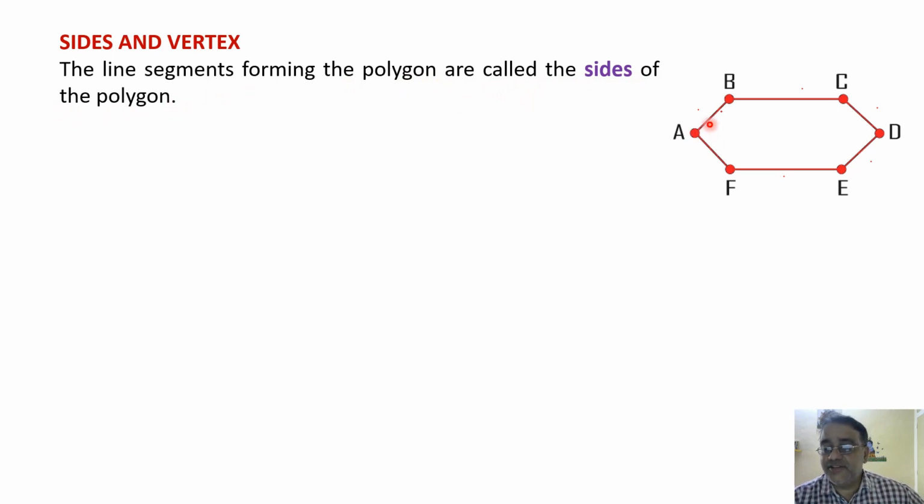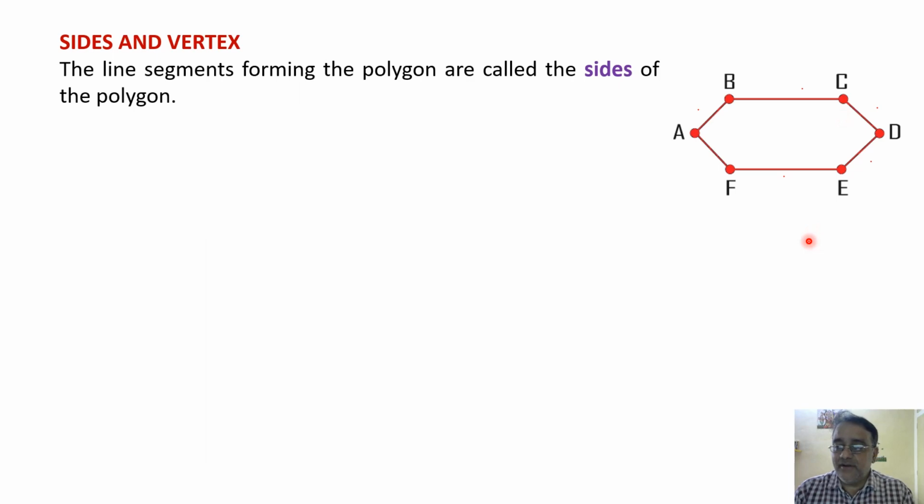Next, और ये जितने line segments जहाँ पे intersect हो रहा है, see, A is the intersection of these two line segments. Similarly, F is the intersection of these two line segments. E, D, C, and B are each the intersection of two line segments.